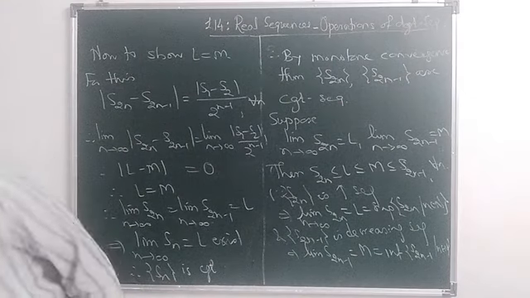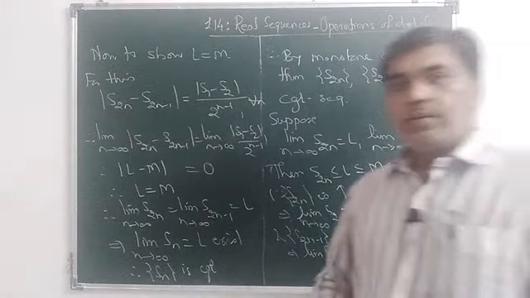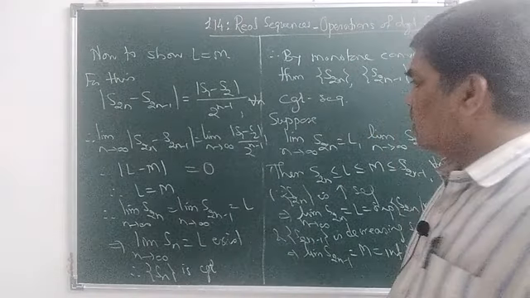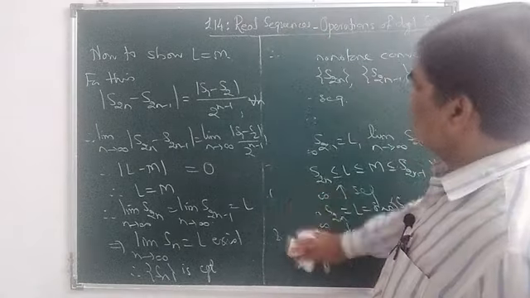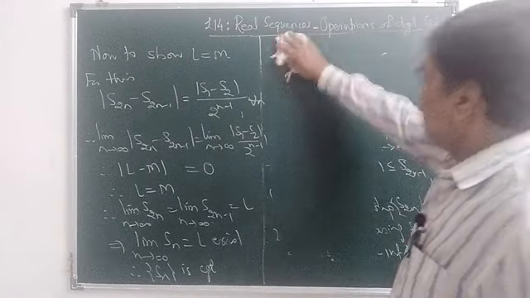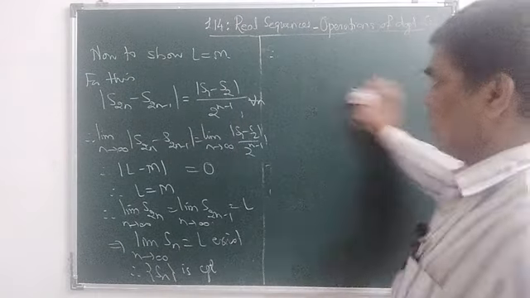Last time we couldn't cover this example due to the time limit, so first I explained this one. Now we'll go to the operations on divergent sequences.